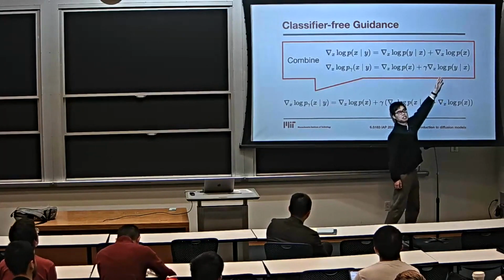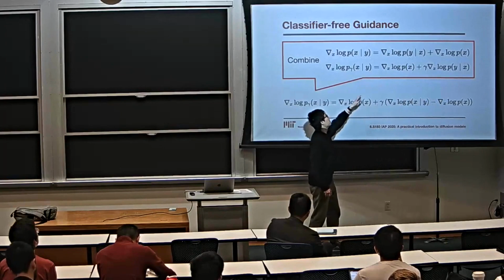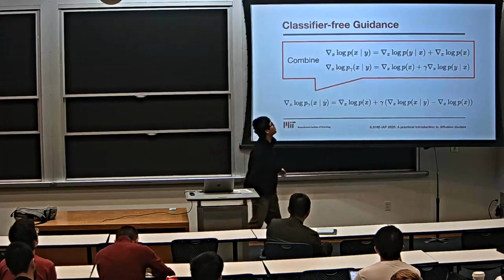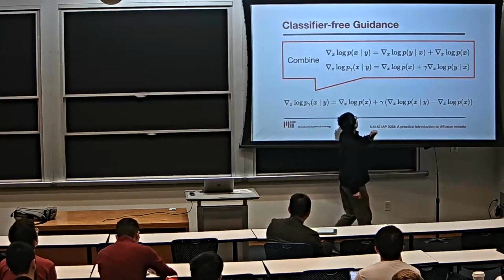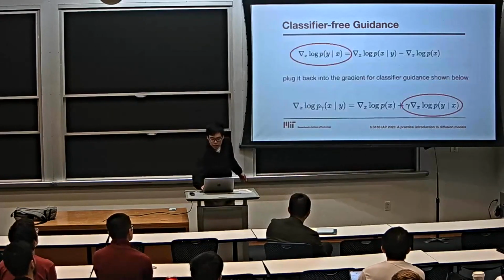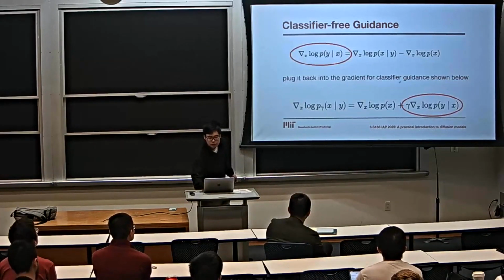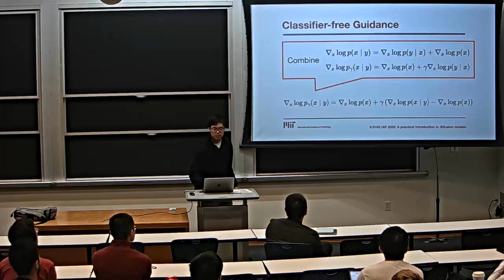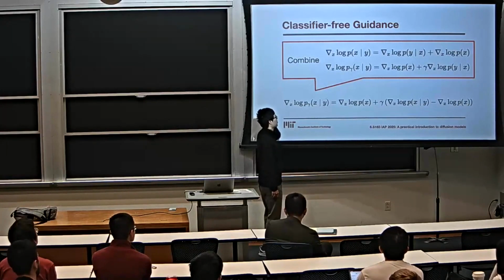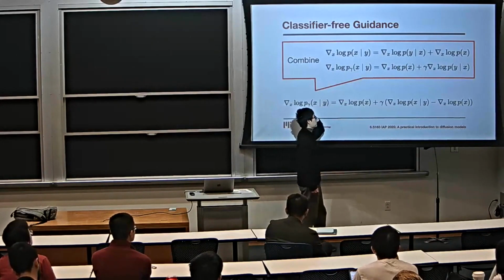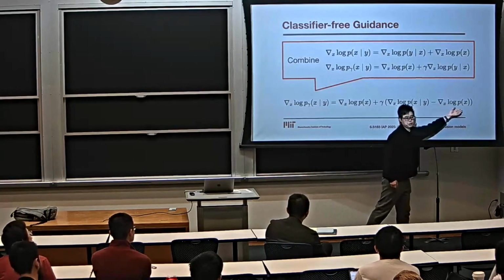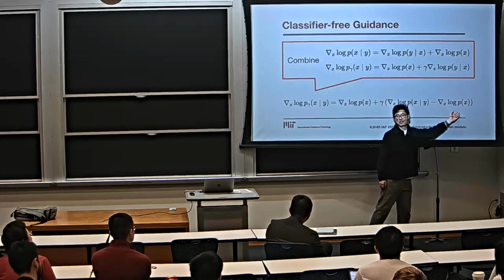And now in classifier-free guidance, the classifier gradient is rewritten here. I made a mistake. You use this formula and plug it into the second one. And what you end up with is that you modify the classifier guidance term, p(x | y). It was originally the unconditional distribution. This term here used to be the classifier gradient.